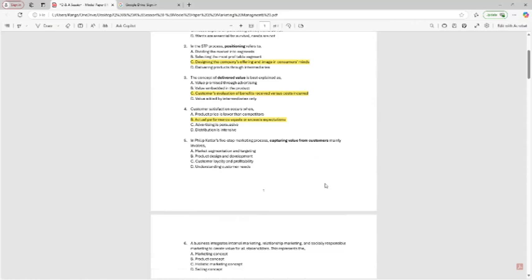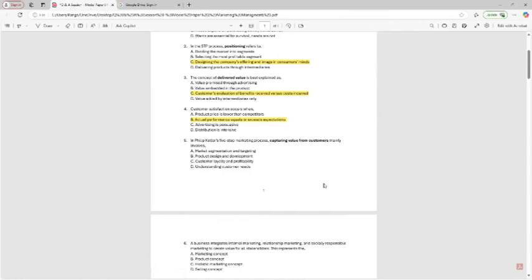You can see I bolded the phrase capturing value from customer. What mainly involves capturing value from customers?